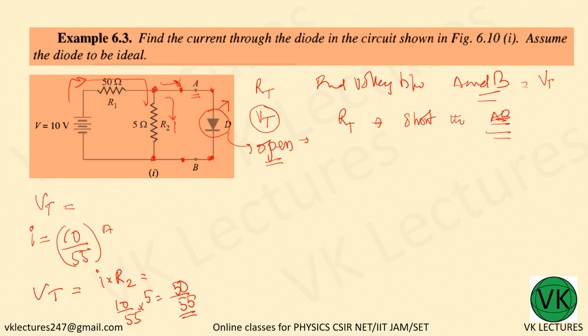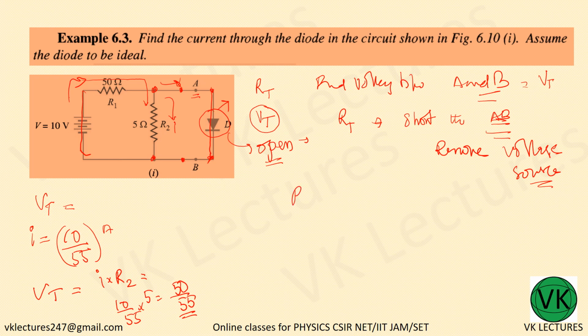Short the AB as well as the circuit, this particular one. Remove voltage source. All voltage sources. Whatever voltage sources you have, remove all the voltage source and short it.